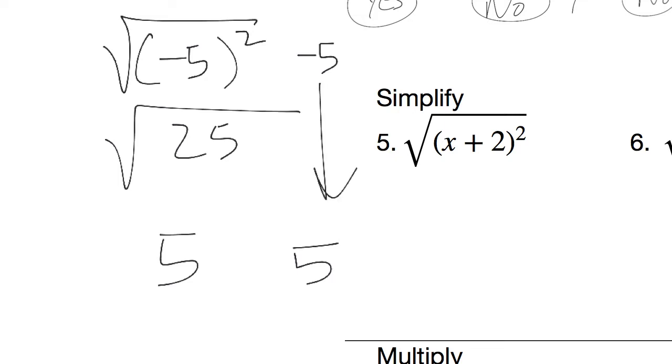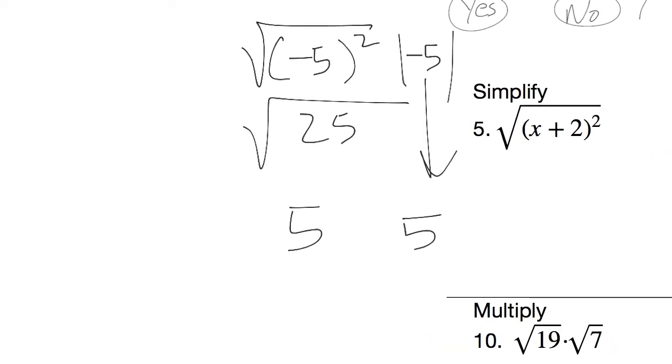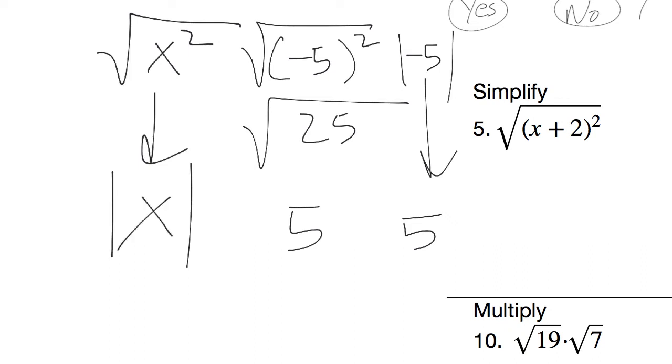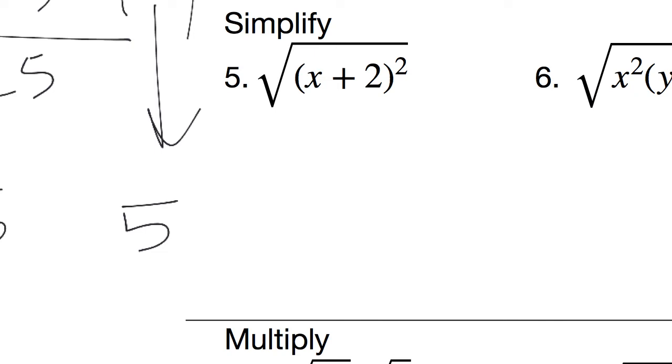It's very much like taking the absolute value. So in general, what we can say is that the square root of x squared simplifies down to the absolute value of x. So similarly, we can say that this simplifies down to the absolute value of x plus 2.